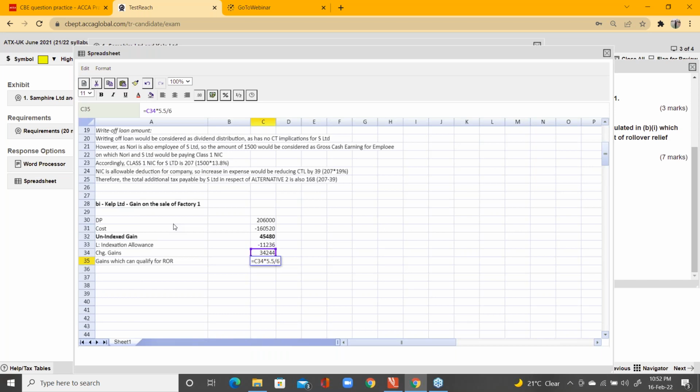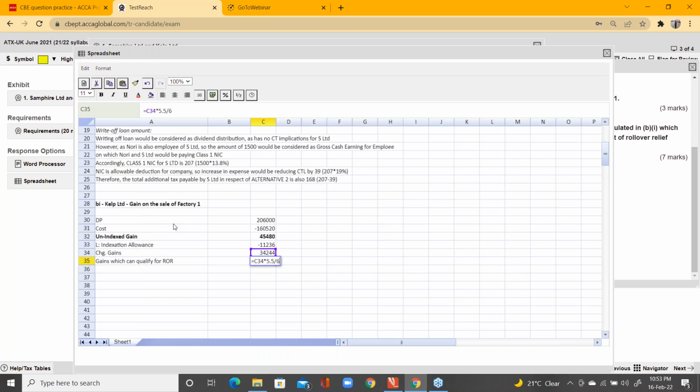So any rollover relief would also be considered as per the asset used in business and non-business purposes. When the asset was purchased, the total life was 48 years, and now when the asset is being sold, the remaining life is 42 years.